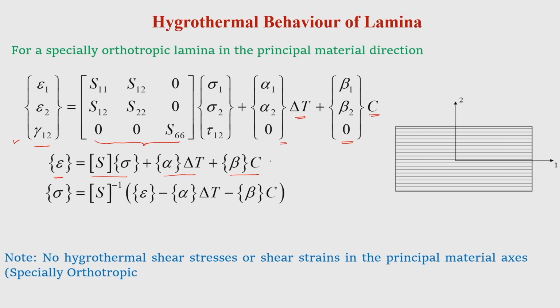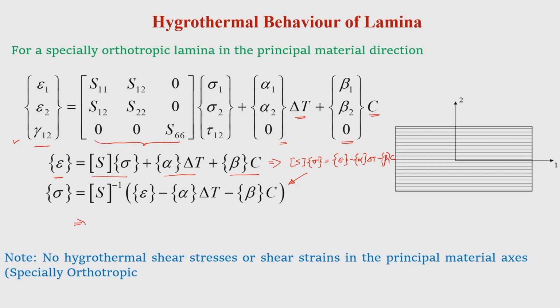So, now we can write this as S into sigma is equal to epsilon minus alpha delta T minus beta C, and therefore, we can write sigma is equal to S inverse of this.